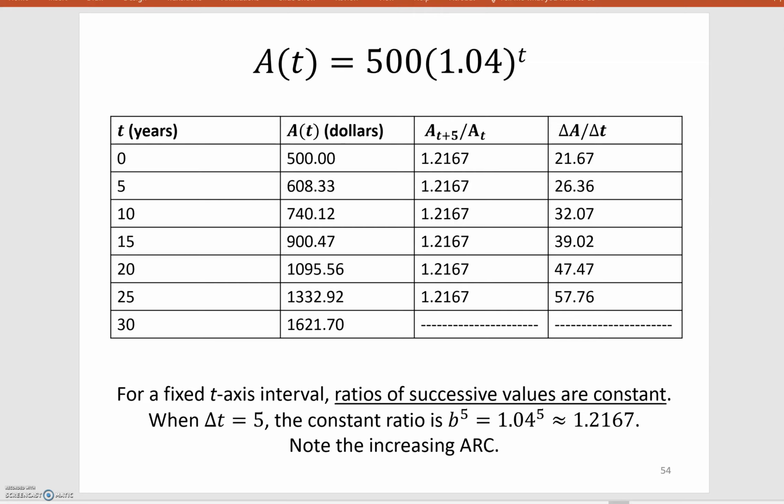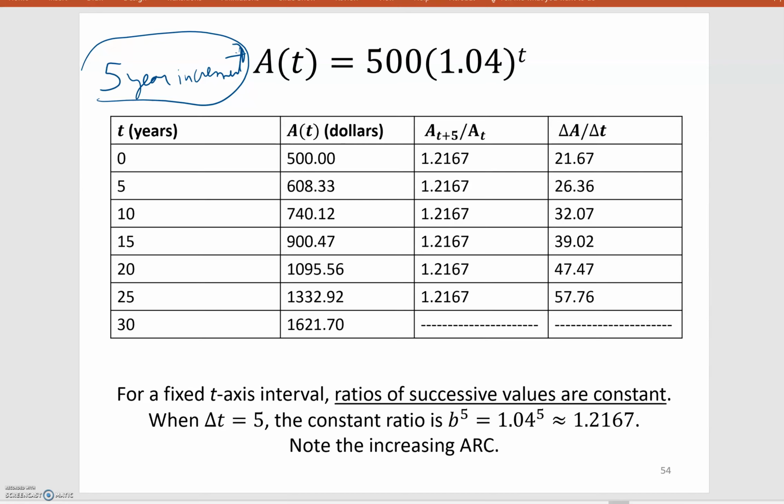All right, so now let's look at the 5-year change. 5-year increment. It's supposed to say increment. So I'm jumping in 5 years, okay? And we have our corresponding function values. And we've computed the same ratio. In other words, what is the new value after 5 years divided by the old value 5 years before?